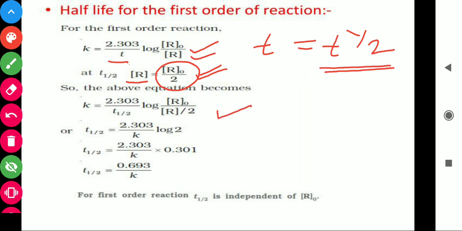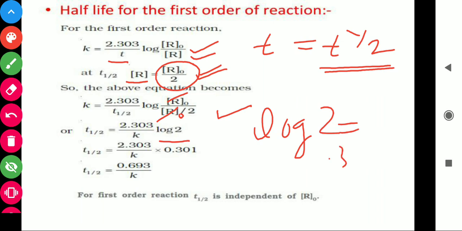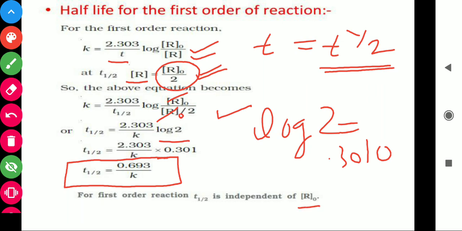On calculation we will get that R naught cancels and it becomes log 2. And what is the value of log 2? Log 2 is equal to 0.3010, and the formula we will get for t half is equal to 0.693 by k. Here you can see that it is independent of R naught, means initial concentration.